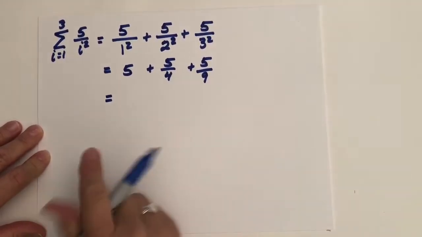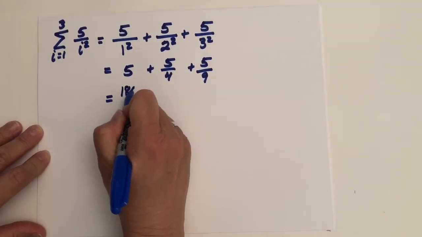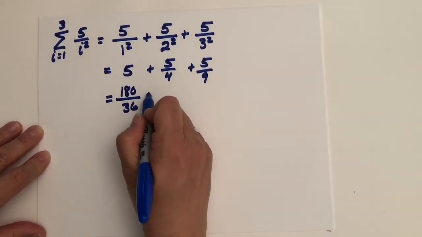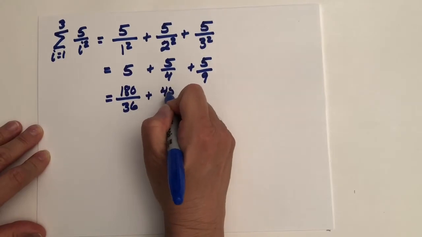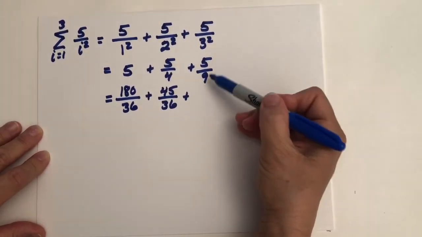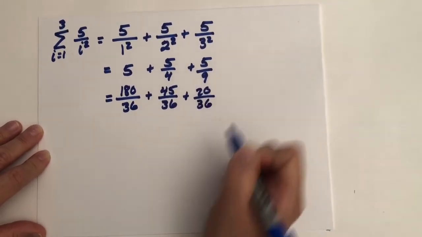Common denominator of 36. So we could write that as 180 over 36. Let's see, this one will multiply by 9 over 9, so that's 45 over 36. And this one will multiply by 4 over 4, so we have 20 over 36.